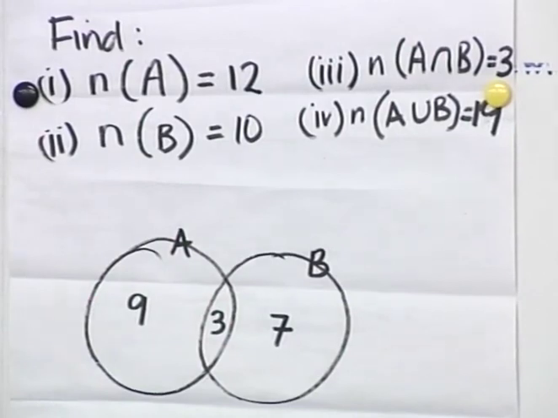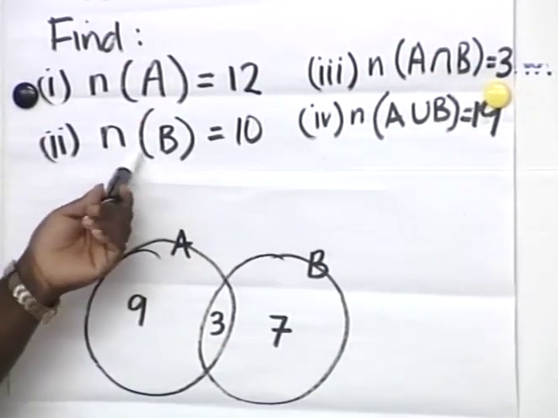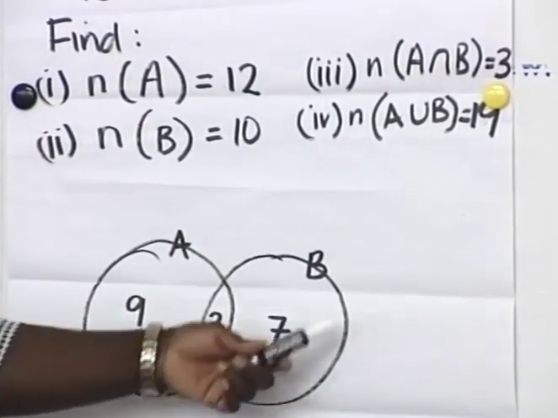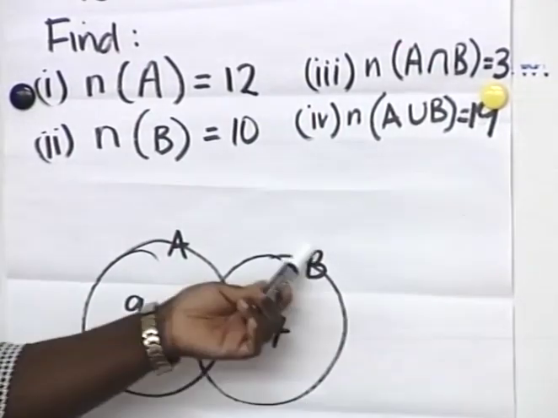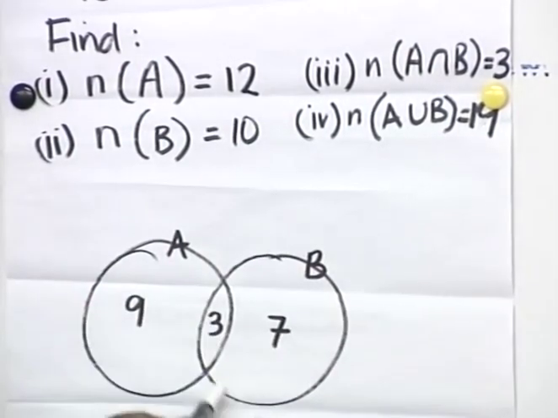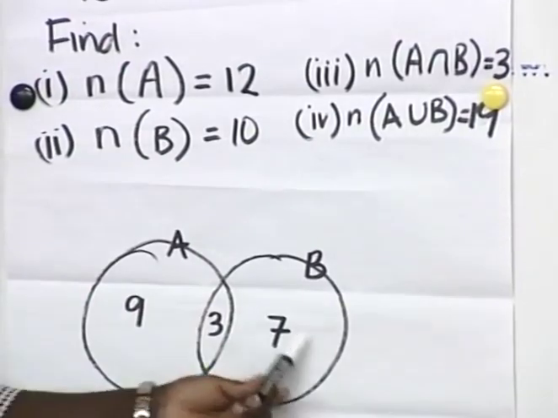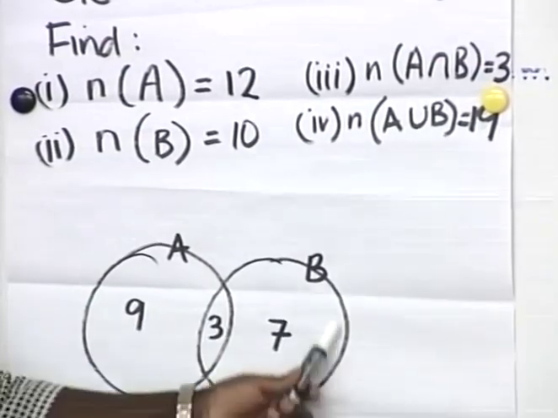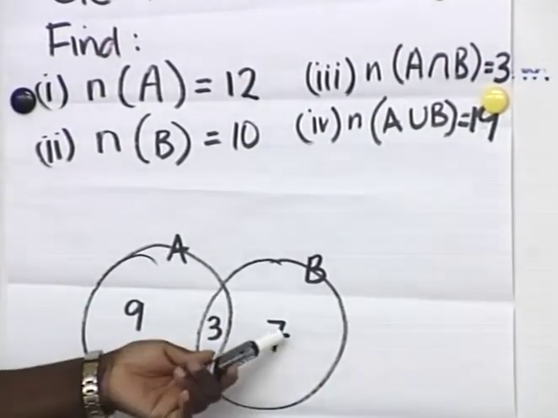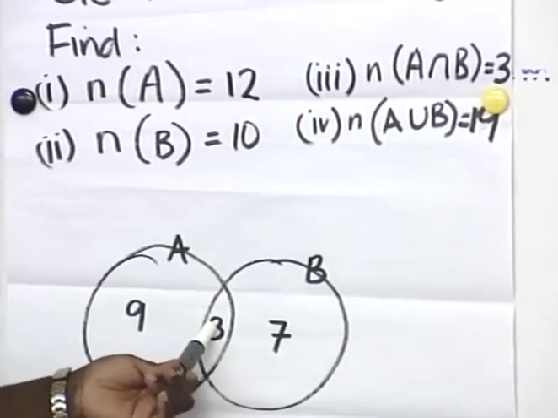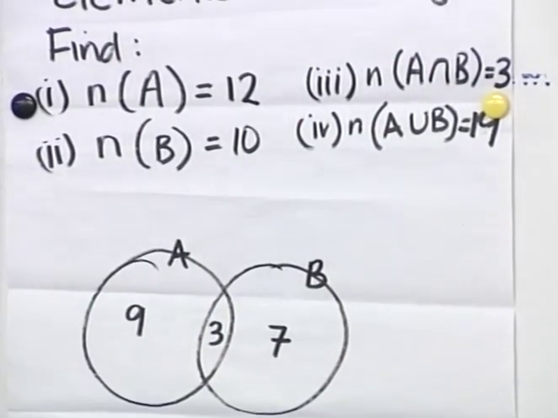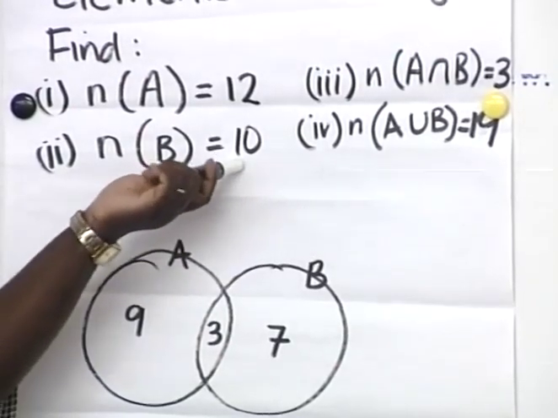Clear? Okay. The number of elements in the set B, all right, the circle indicates that that's the set B, and because 3 and 7 are inside the circle, that means the number of elements will be this 7 plus 3. So that's why I've got 10 here.